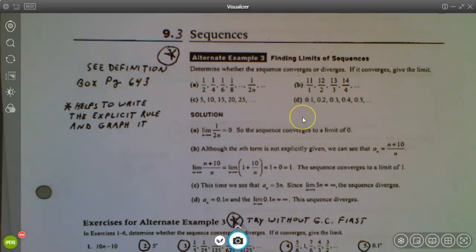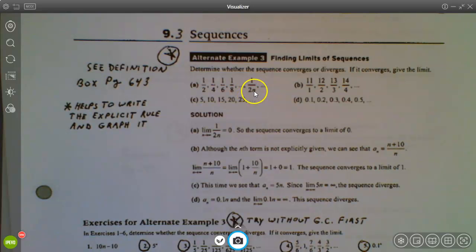Okay, and so let's just look at a couple of these guys right here. Now you could do it without a graph. I could have definitely done the one that I just did without a graph. Let me show you with one very similar to it. Here is the sequence, and here would be the explicit rule: it's 1 over 2n.